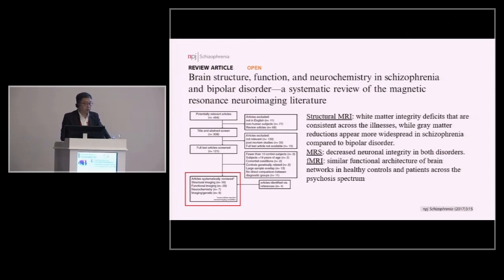We can find a lot of articles that consistently report volume reduction in schizophrenia, but some findings are different in bipolar disorder, because they argue that if the patient received lithium treatment, maybe they can keep the original size of the hippocampus. But in general, previous brain image studies showed that brain volume reduction is more generalized and widespread in schizophrenia than in bipolar disorder.